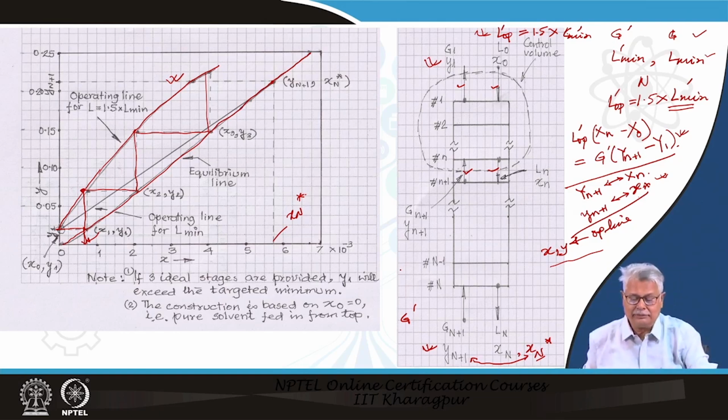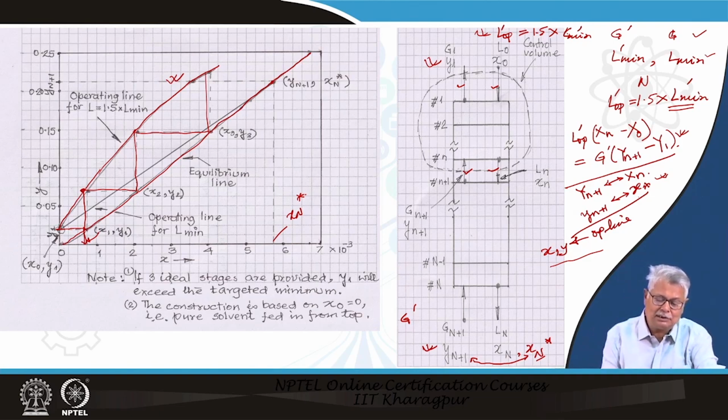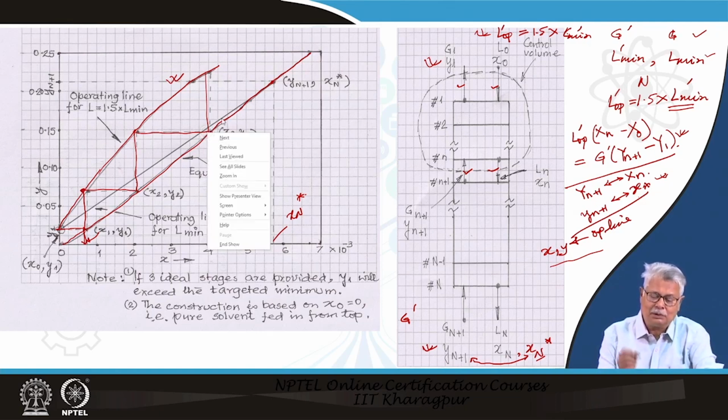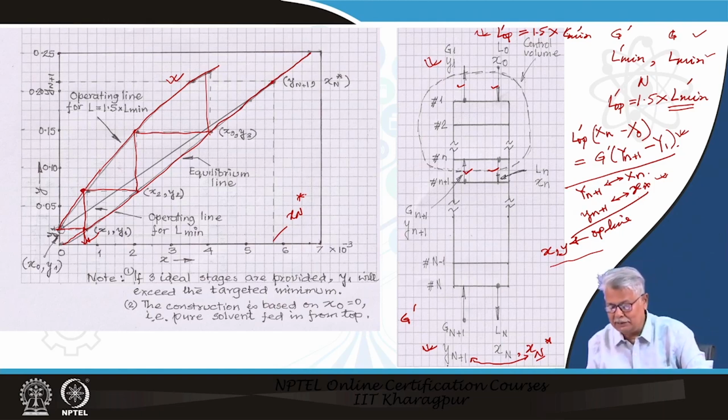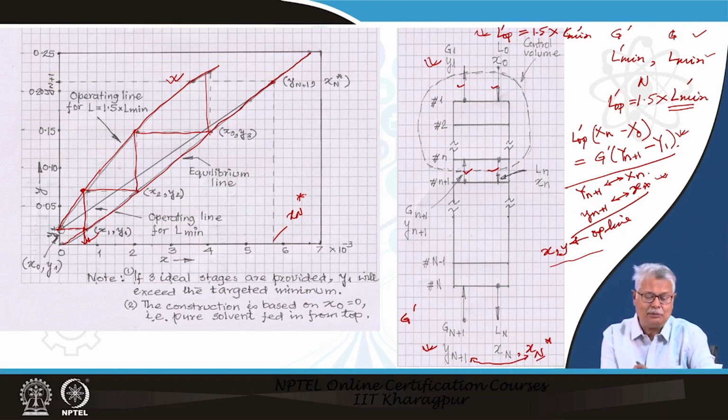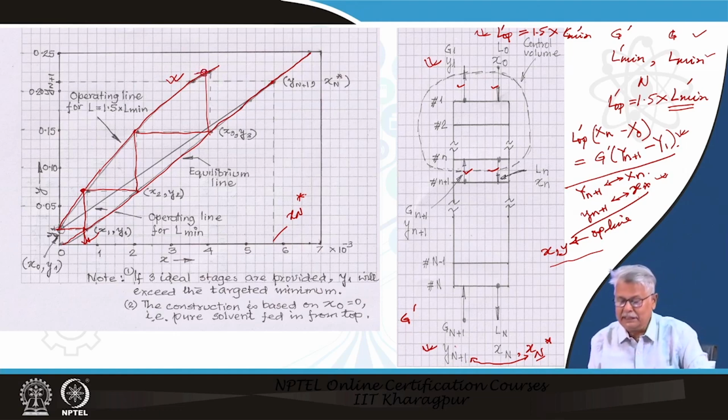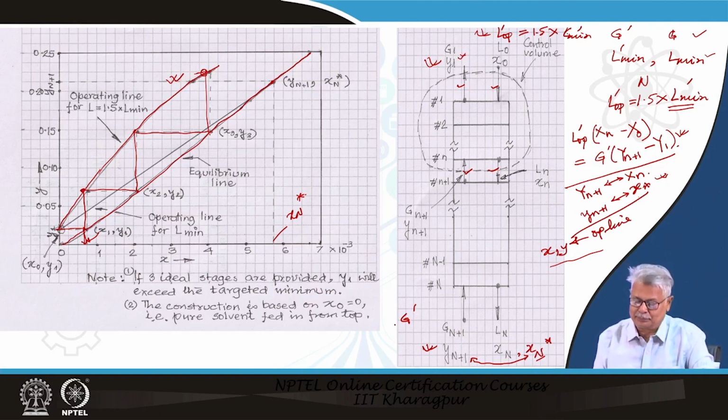With this in brief, we have found that after 1, 2, 3, after the third stage, we have basically exceeded yn plus 1. What is the physical significance? That means if I have, instead of yn plus 1, a higher value which corresponds to the ordinate of this, even then we will be reaching the value of y1 under this operating condition with L dash operating.